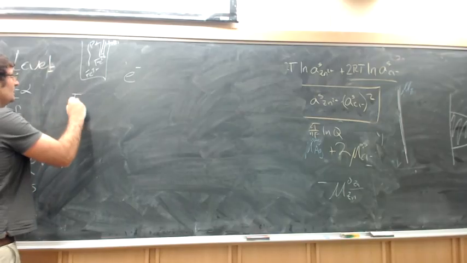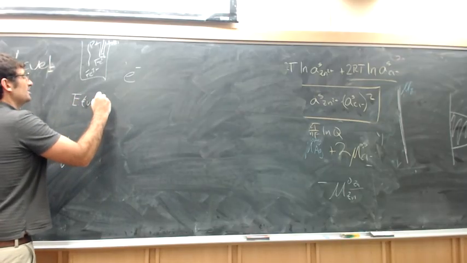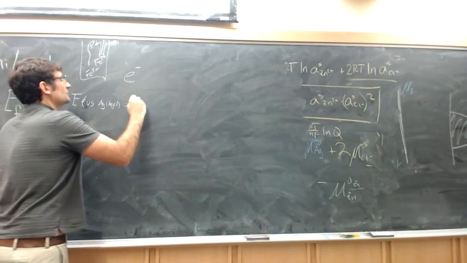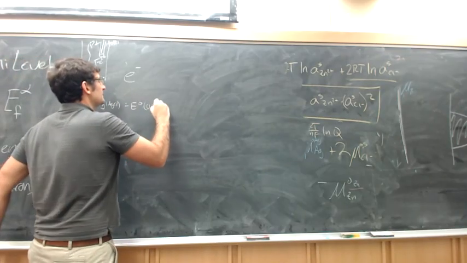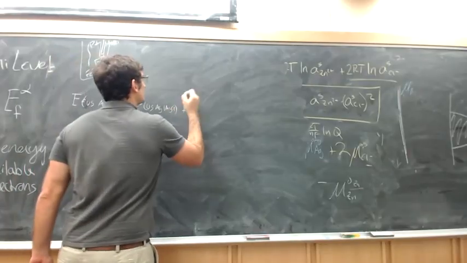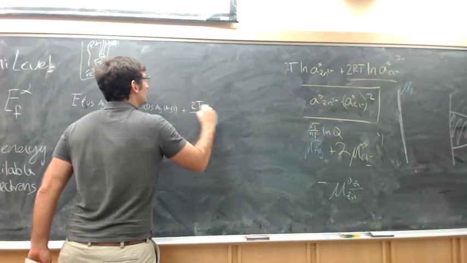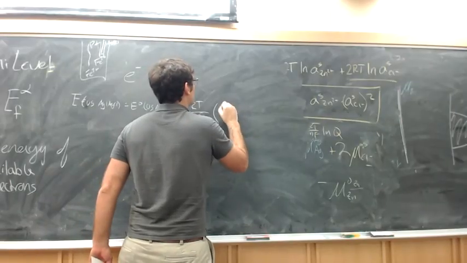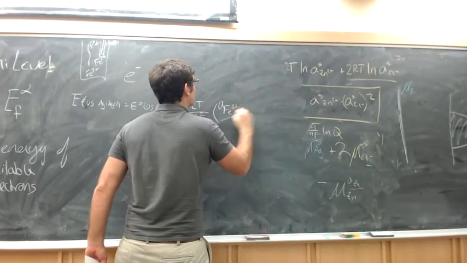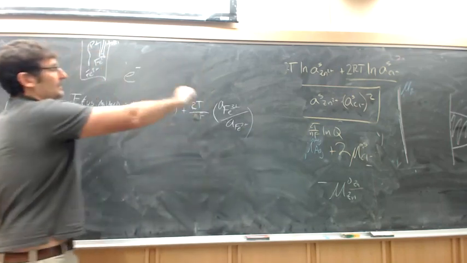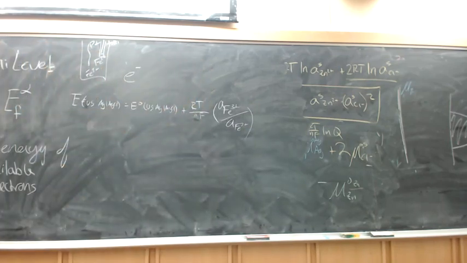So it would be E versus AgCl equals E naught versus AgCl plus RT over F, it's a one electron process, ln of activity Fe3+ over activity Fe2+. Sorry, change the sign and put the O and R. Okay, so you could do that.